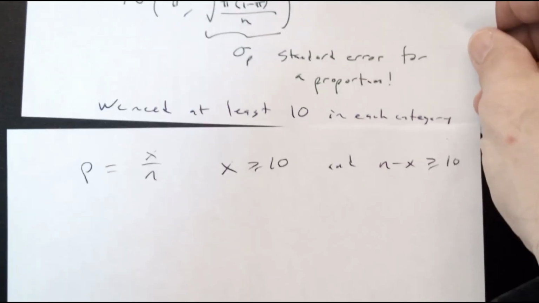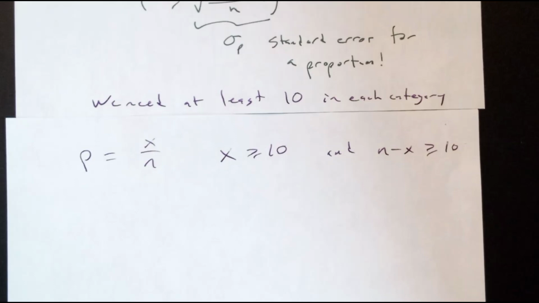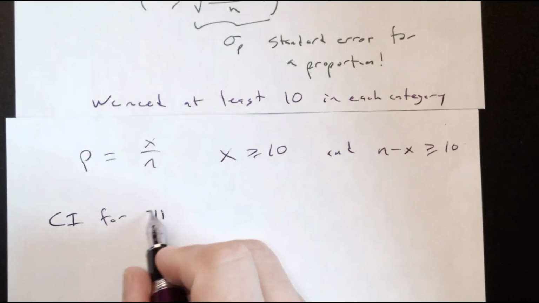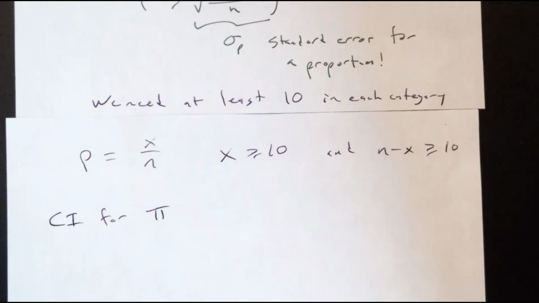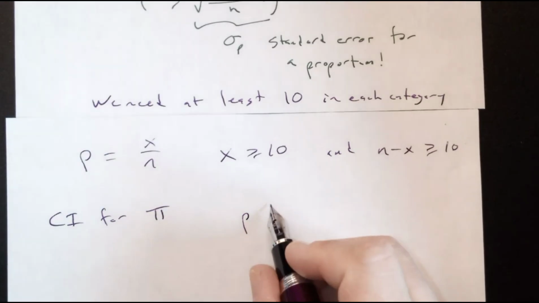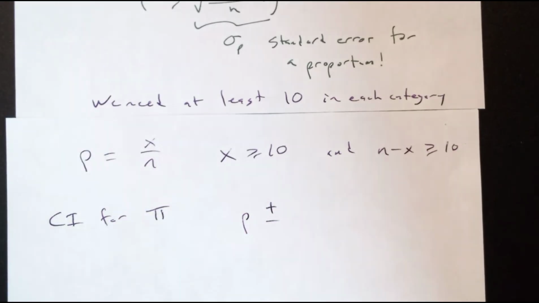But now that I have this idea, if I have a large enough sample size, if I really do have a known standard deviation, therefore a known standard error, I can do a confidence interval for a proportion rather than a mean. And the advantage to that is that I take the proportion I got from my sample and I build that margin of error.